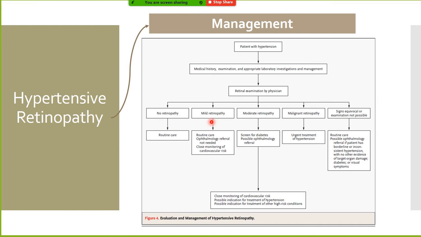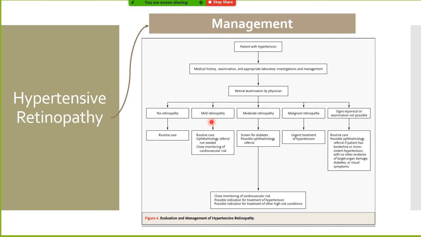Where no examination is possible, make sure they are referred to an appropriate ophthalmologist, a retina specialist who can investigate the disease further.